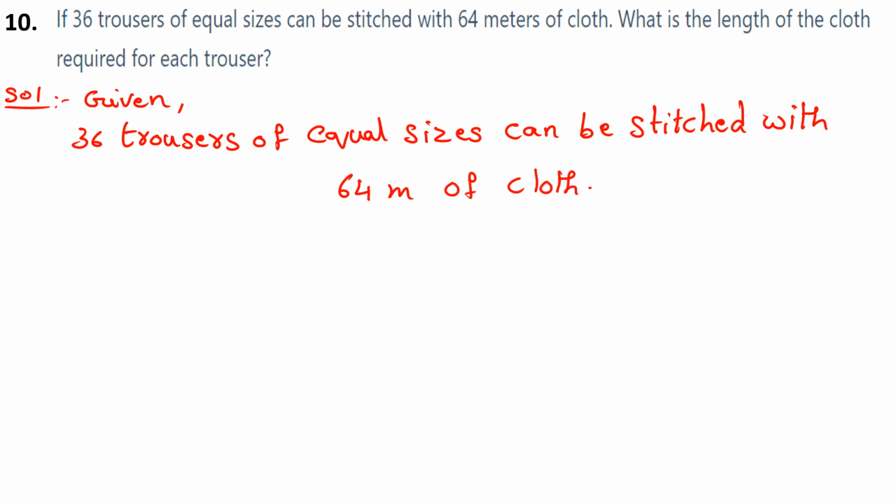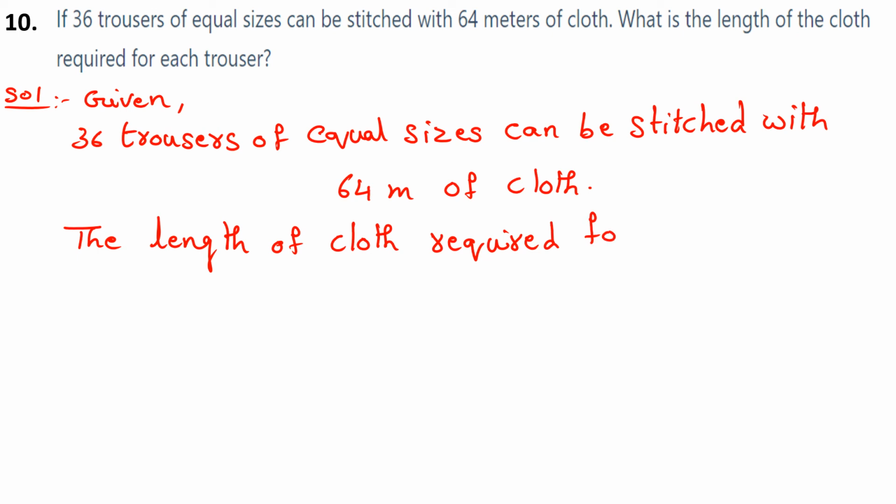So now we need to find the length of the cloth required for each trouser. The length of the cloth required for each trouser is equal to 64 by 36.